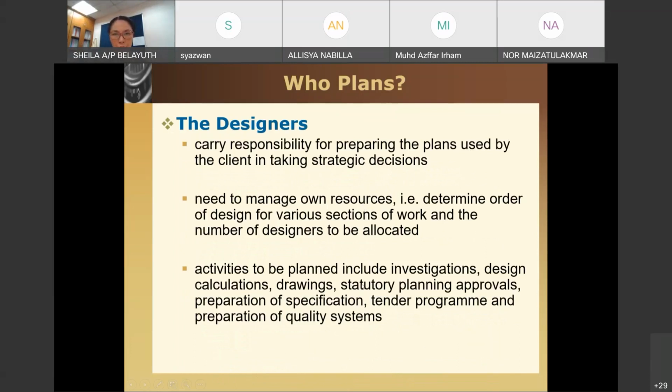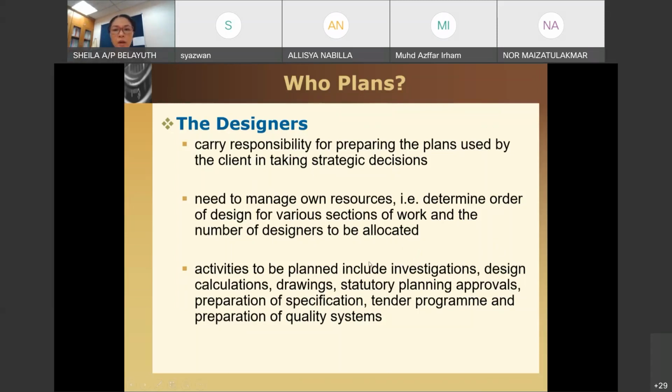So the activities to be planned by the designers, when they are coming up with the design, they need to conduct investigation: ground investigation, soil investigation, locality investigation, desk study. This needs to be done. Okay, so there is a certain time frame to be provided before they can come up with a drawing.